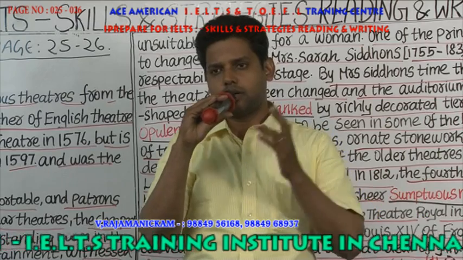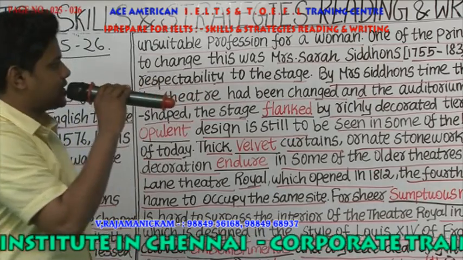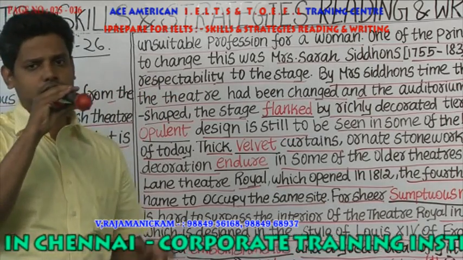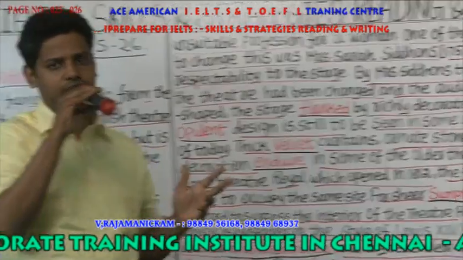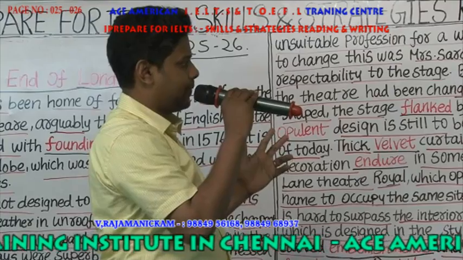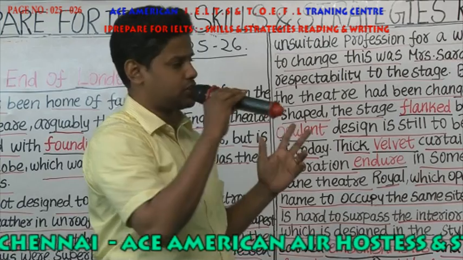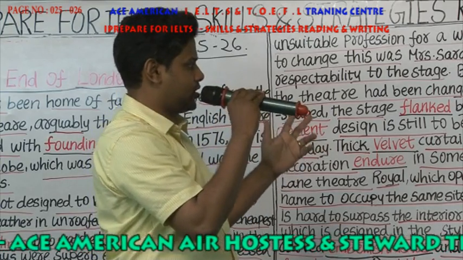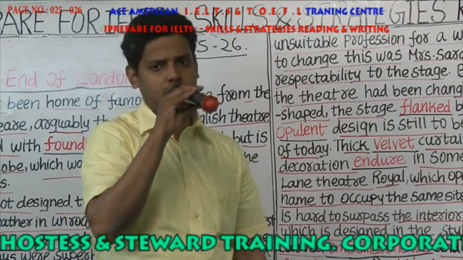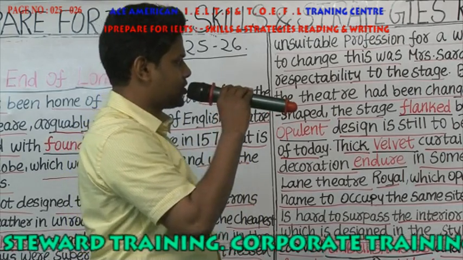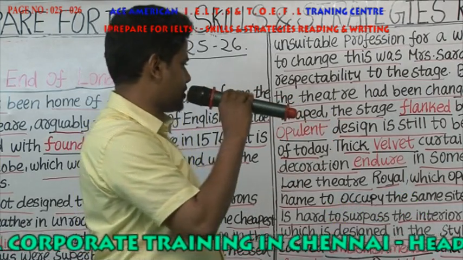The actresses' part was played by boys, and later one lady named Sarah Siddons brought respectability to the movement of stage or play, and Sarah Siddons' stage was very much decorated with what we call adornments and other velvets and so on. Moreover, this stage was flanked by richly decorated tiered boxes.